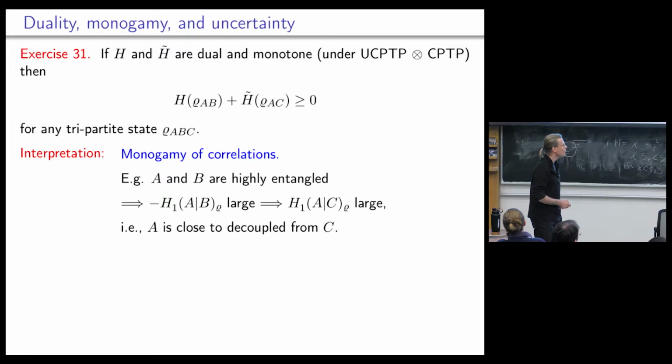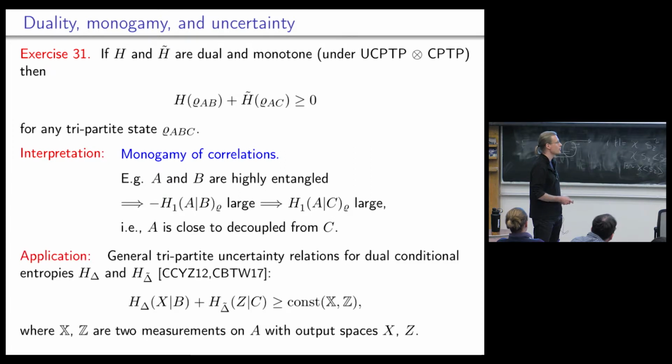If you consider the conditional von Neumann entropy, then we have seen that it is negative on entangled states, and it is actually the most negative on the maximally entangled state. So if this negative conditional entropy is large, that's going to mean that this other conditional entropy has to be very large. And if you think of the interpretation of this conditional entropy, then this means that the system A is close to decoupled from system C in such a state. So if there are strong correlations between parties A and B, there is very little correlation between parties A and C. So this is one interpretation of this duality relation.